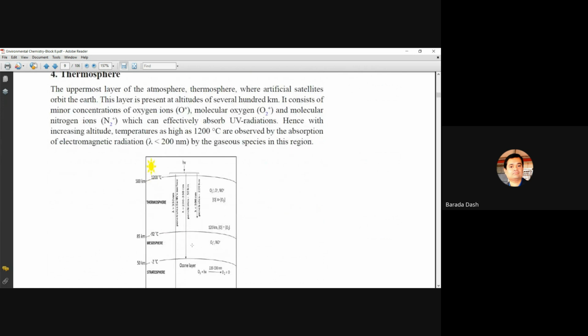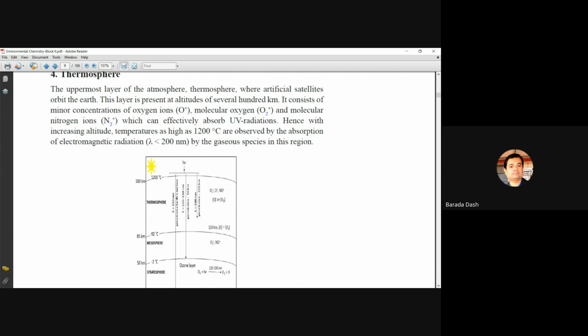The thermosphere is the uppermost layer of the atmosphere, where artificial satellites orbit the Earth. This layer is present at altitudes of several hundred kilometers. It consists of minor concentrations of oxygen ion O+, molecular oxygen ion O2+ and molecular nitrogen ion N2+, which can effectively absorb UV radiation.